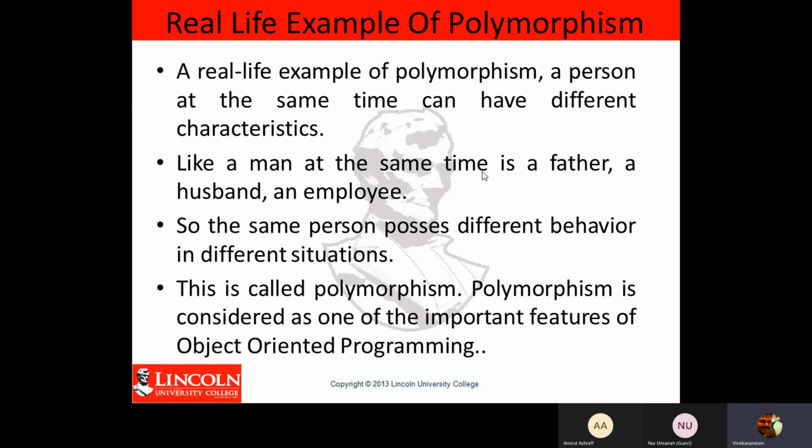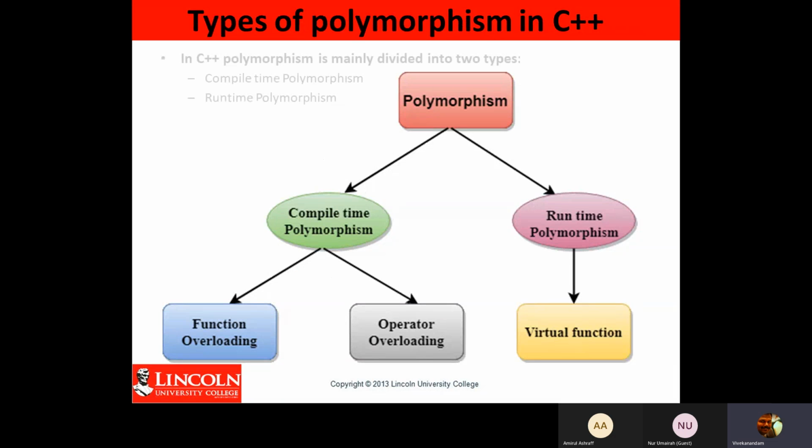There are two types of polymorphism. Polymorphism is mainly divided into two types.